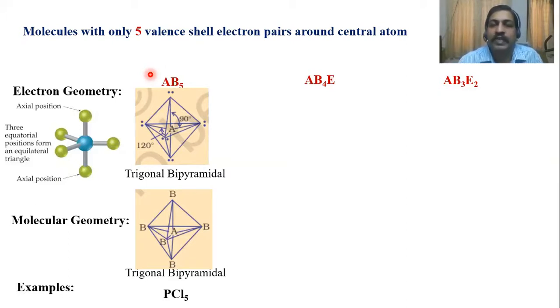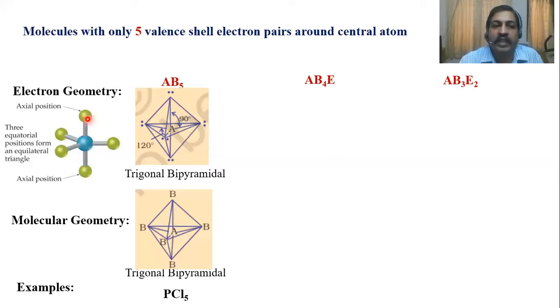The central atom is at the center of the trigonal bipyramid. In this geometry, there are two types of positions: axial positions, and the other type, equatorial positions. There are two axial positions, and the two axial positions as well as the central atom are in a straight line.